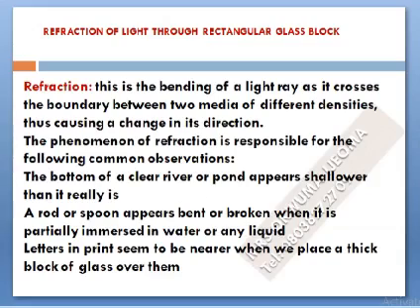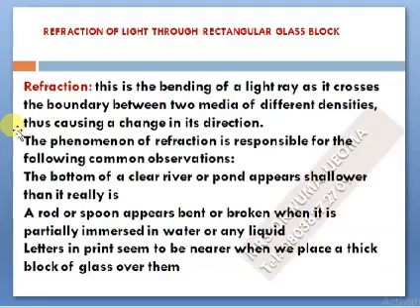Now, what do we mean by refraction of light through a rectangular glass block? We are going to define refraction. What is refraction? Refraction is the bending of a light ray as it crosses the boundary between two media of different densities, thus causing a change in its direction.